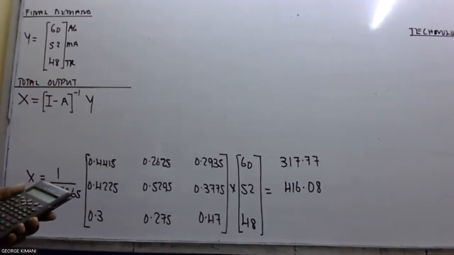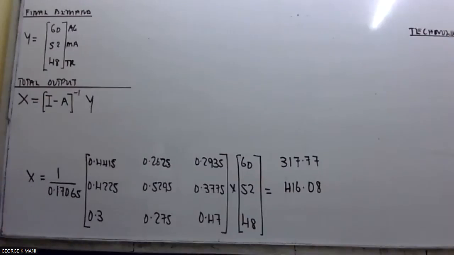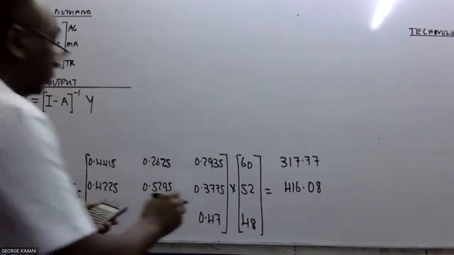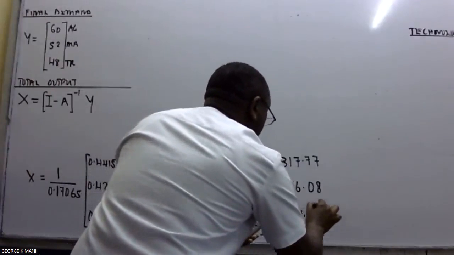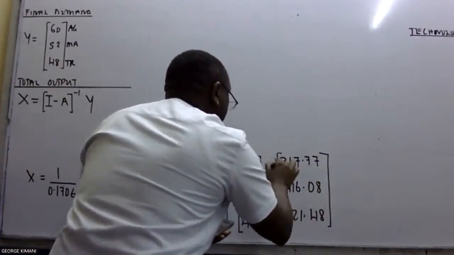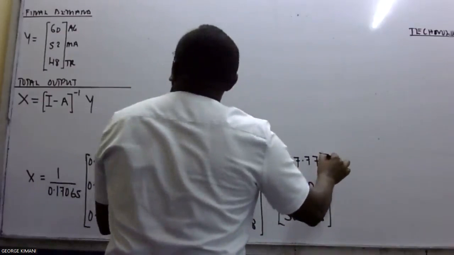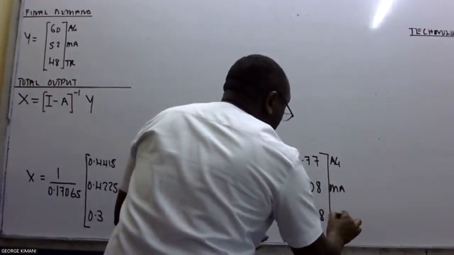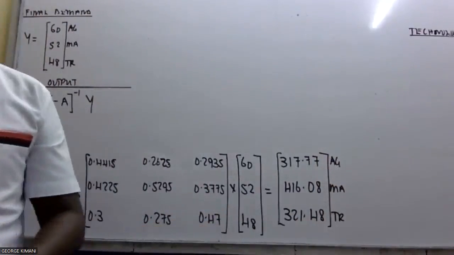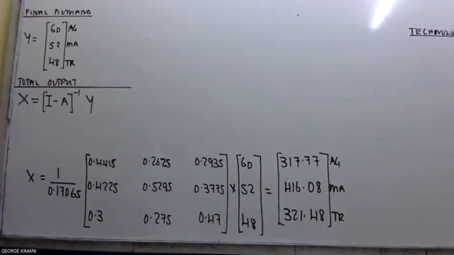Then I divide that by 0.17065. I'm getting 321.47. If we round it off, 321.48. Good. That is how you get it. So this is now for agriculture, this is for manufacturing, and this is for transport. Okay. Yes. So that is how you get the total output.